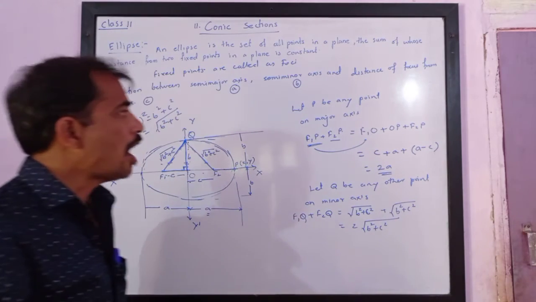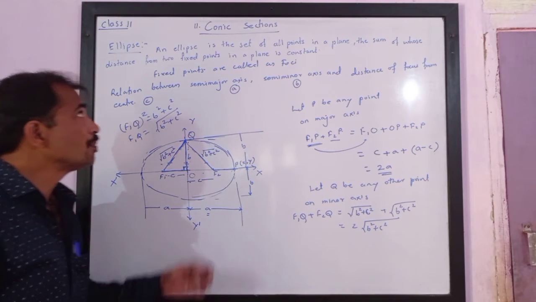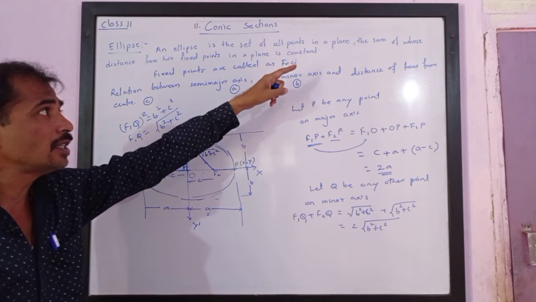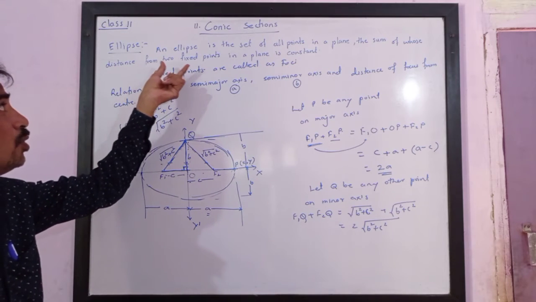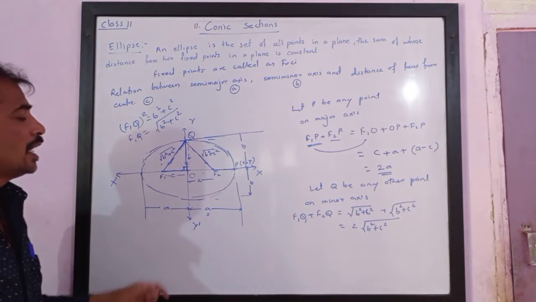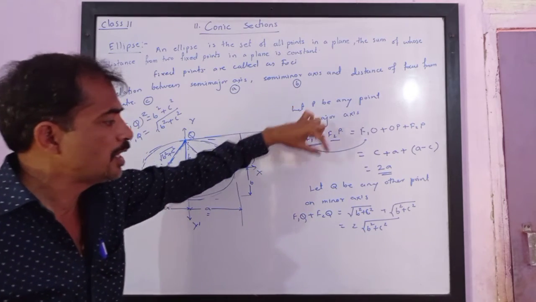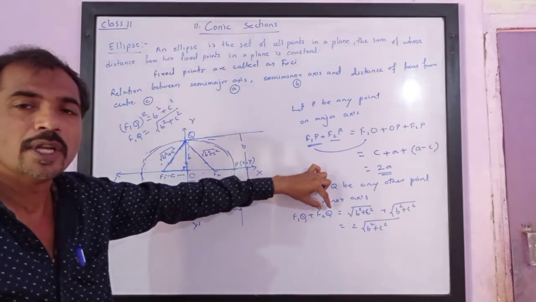Now see, our definition of the ellipse was, an ellipse is a set of all points in a plane such that the sum of whose distances from two fixed points in a plane is constant. That is, F1P plus F2P must be equal to F1Q plus F2Q.